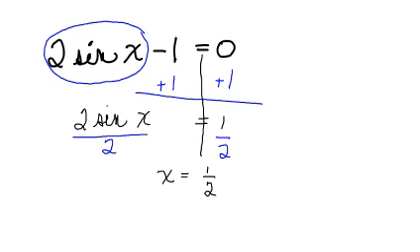Well, no, what we have to do is look at what sine means at 1/2. And taking a look at our handy dandy chart, we notice that sine 1/2 means pi over 6 and 5 pi over 6.